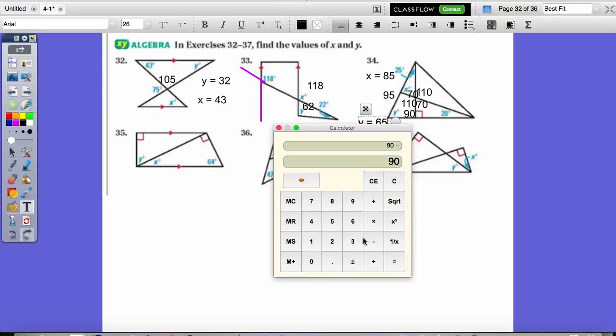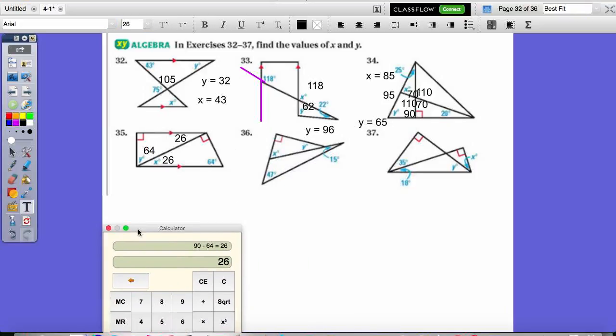And then 90 minus 64 means this little bit here is 26. Okay? Now I can also find x, because 64 and x are going to equal 90. So 90 minus 64 is 26. And then y, I can see here, these are actually going to be similar triangles. I'm talking to myself. So that's 64.